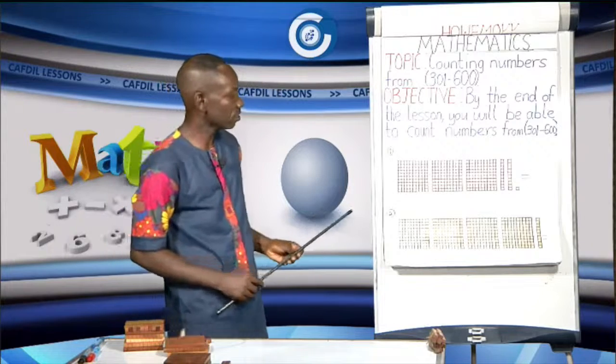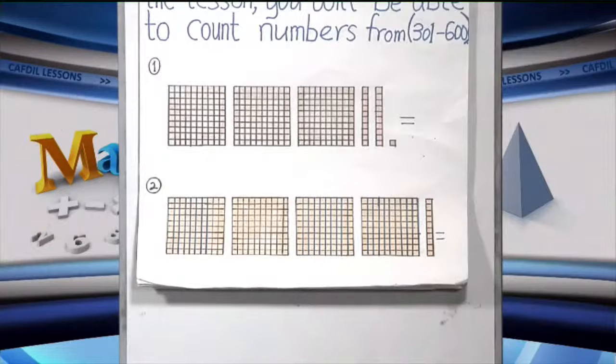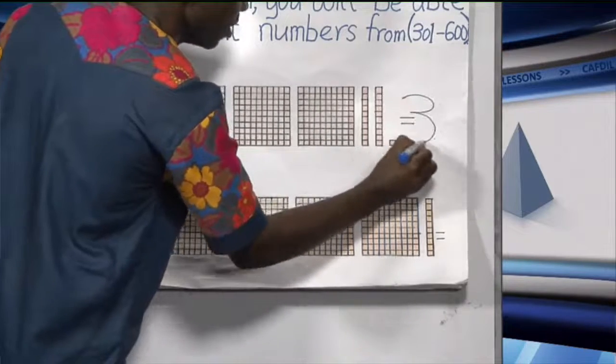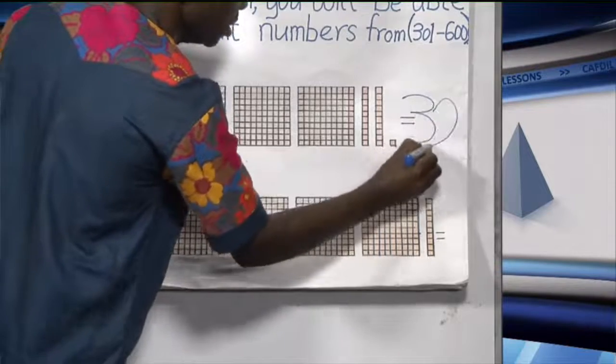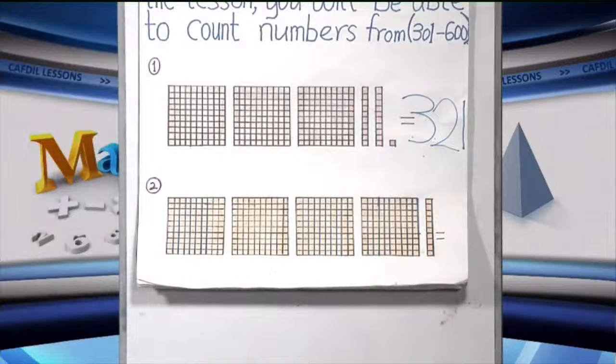This will give us 321. So we can boldly write our 321.